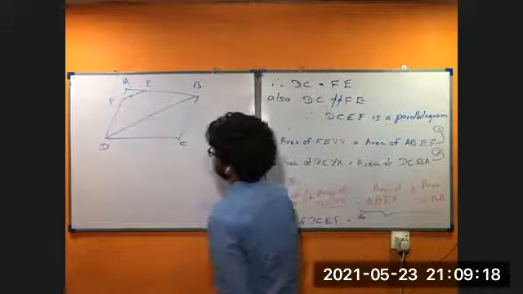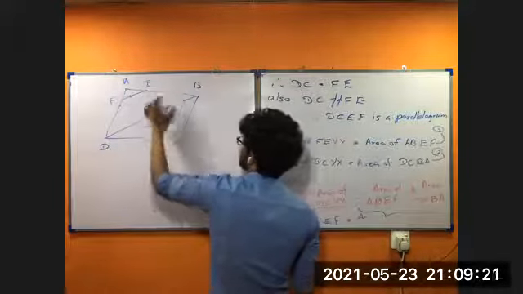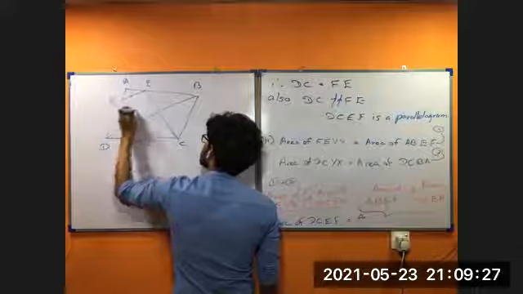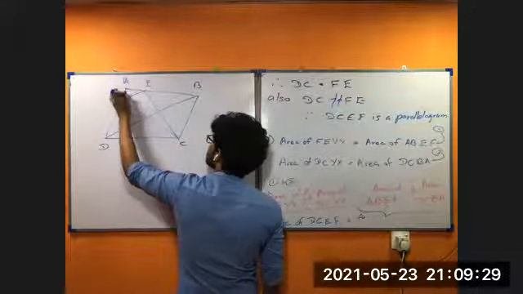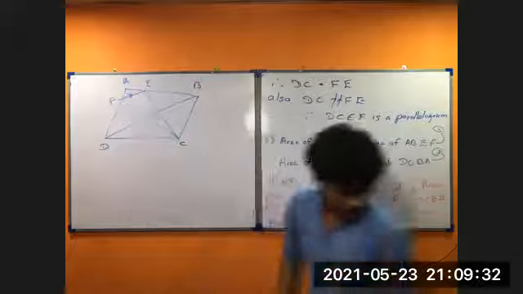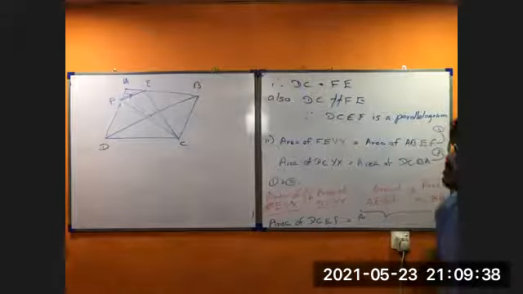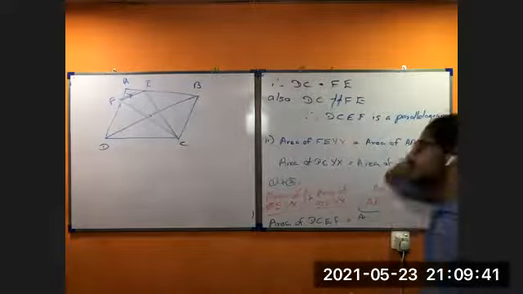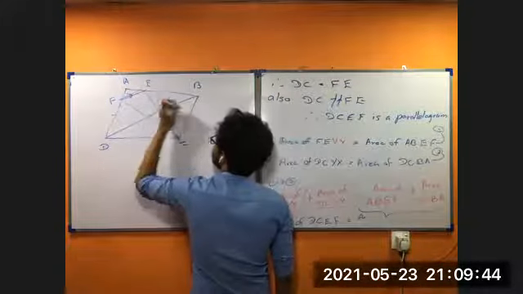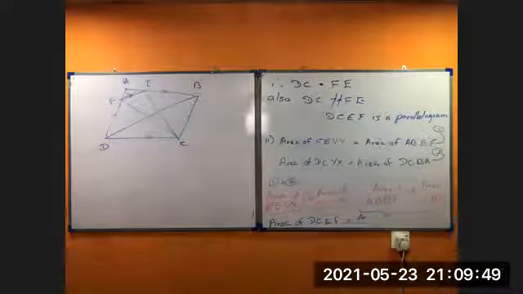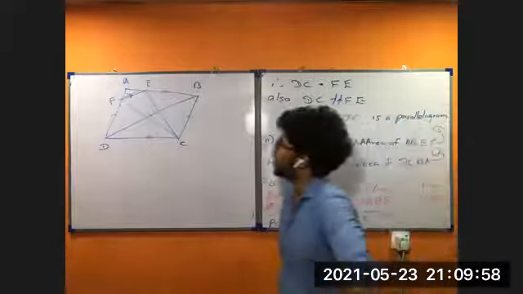You have to show that the areas of these two triangles are equal. Okay, how to do that? You know this side is parallel to this and this side is parallel to this, right? So how to proceed?